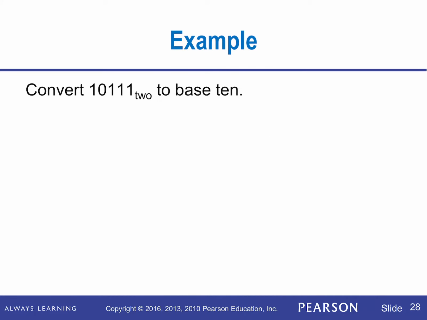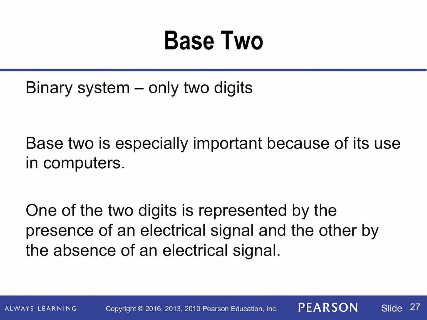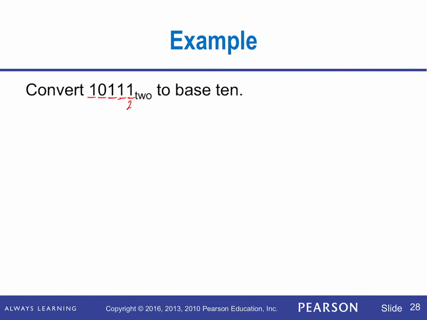Let's try converting a base 2 number to base 10. So again, you want to think of starting from the right, and your place value now is powers of 2. So I've got 2 to the 0 here, 2 to the first, 2 squared, 2 cubed, and 2 to the fourth.